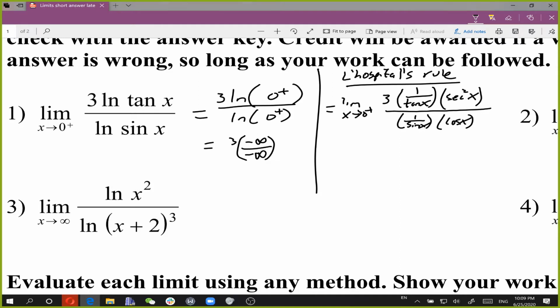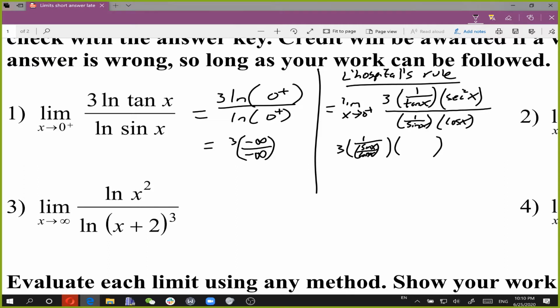On top, I think I'm going to rewrite everything in terms of sine or cosine, just so you can see what's happening here. So I've got 1 over the tangent of x. Tangent of x is sine over cosine. So I'm eventually going to flip that in the next step, because 1 divided by a fraction means we can just flip the fraction.